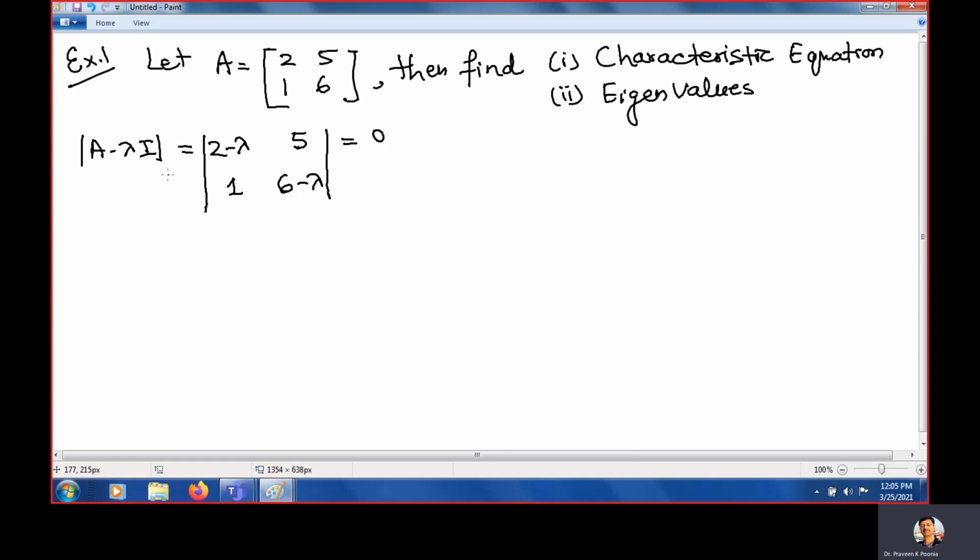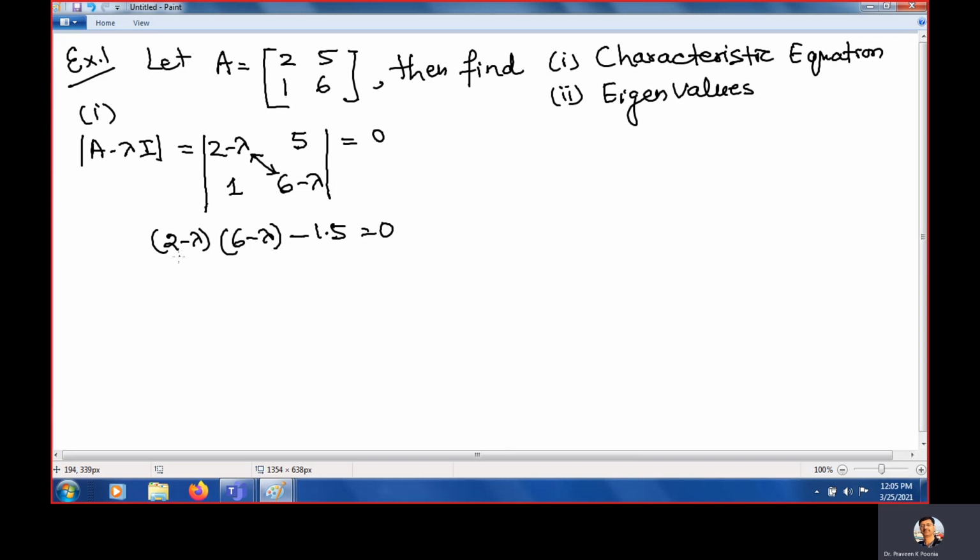How to find the characteristic equation? You can say this is part 1. Now, how to find the 2 by 2 size determinant? How to open? Multiply these two: 2 minus lambda and 6 minus lambda, minus 1 into 5 is equal to 0.